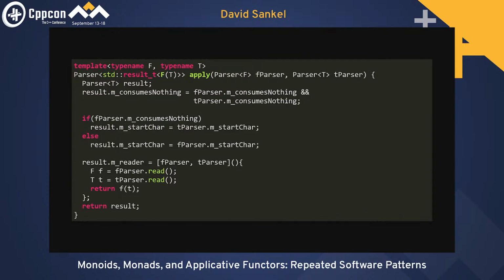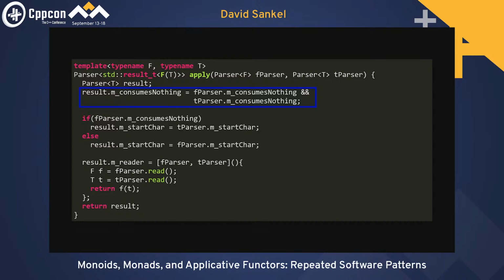What about apply? We know that this is an applicative functor, basically because I told you, but how does apply work? Apply takes in a parser of a function, and it takes in a parser of a value, and applies the inside of that parsed function to the inside of the parsed value. Even though nothing's actually been parsed yet, we can still compose these things together.